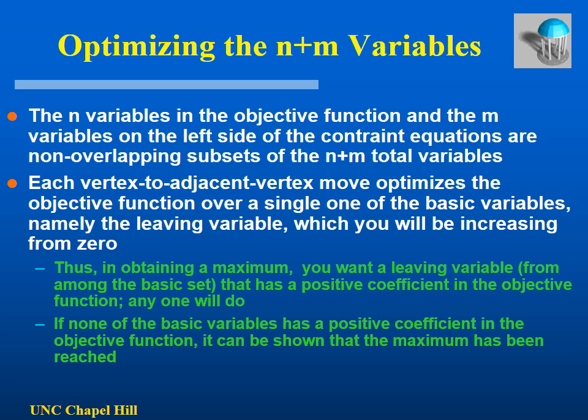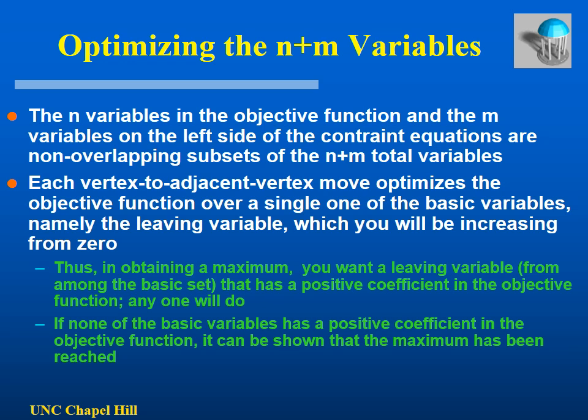To increase the objective function by taking one of its variables that was 0 and making it positive requires that the weight of that objective function be positive. If the weight is positive and then we're increasing, then we'll increase the objective function.